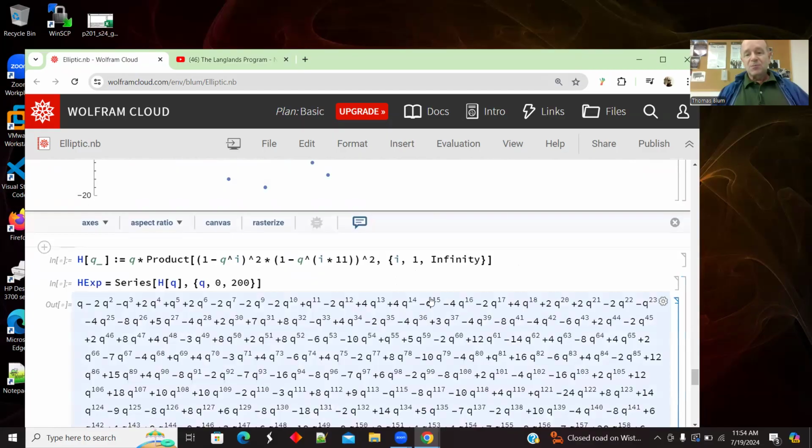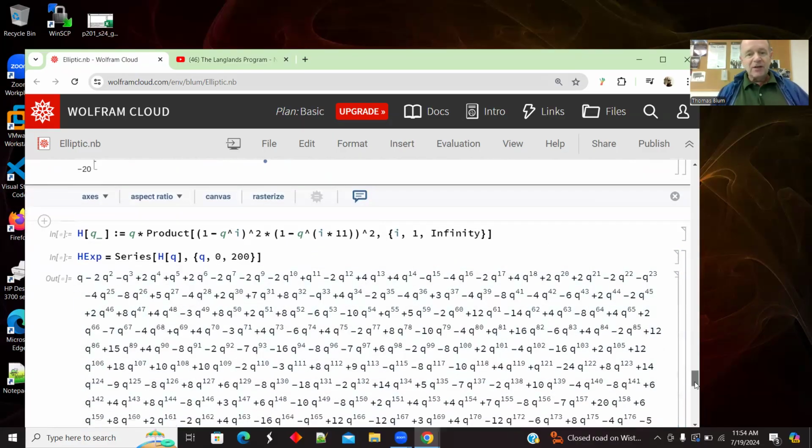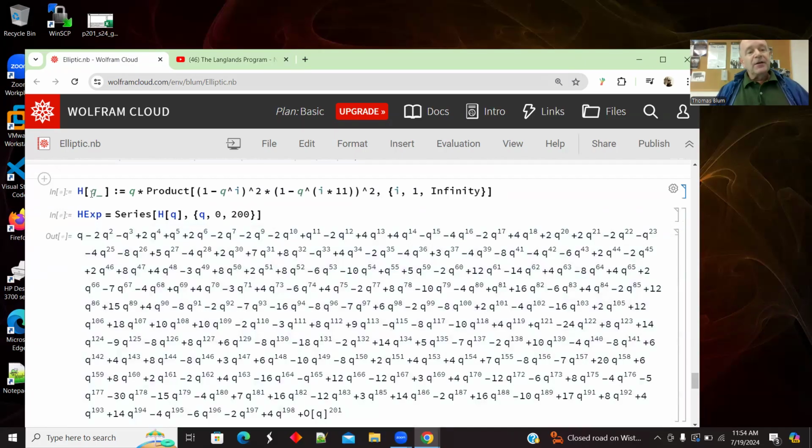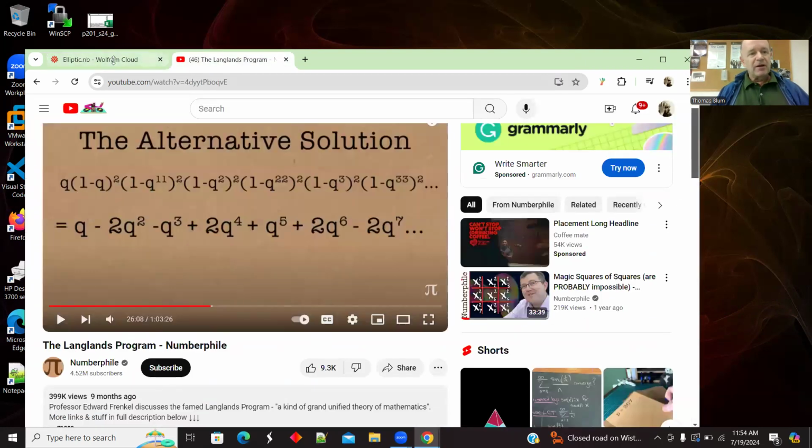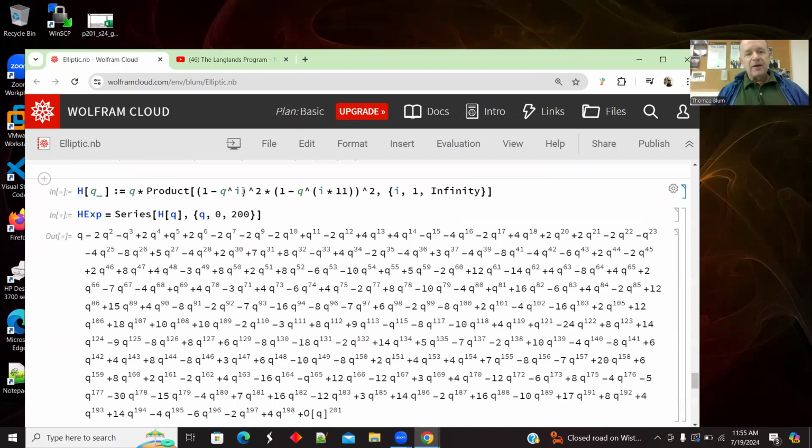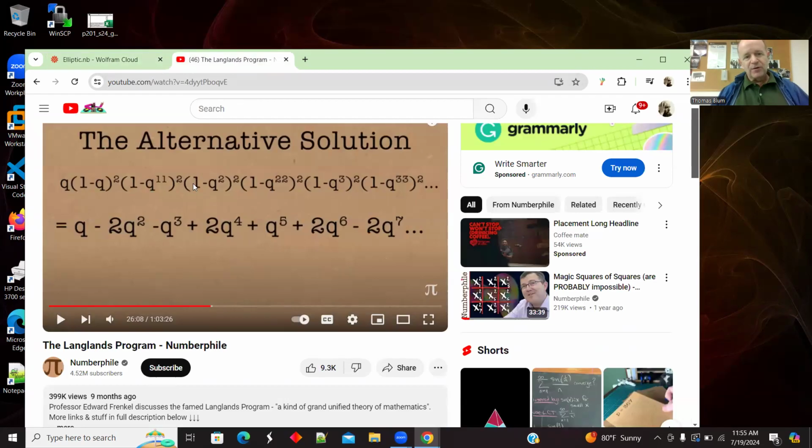Okay, but here's this product again. I'm just playing with Mathematica and seeing what it can do. I called it h of q, and it was q times a product. I have 1 minus q to the I, taking my counter I going from 1 to infinity, and that was squared. So that's 1 minus q squared, 1 minus q to the 2 squared, 1 minus q to the 3 squared.